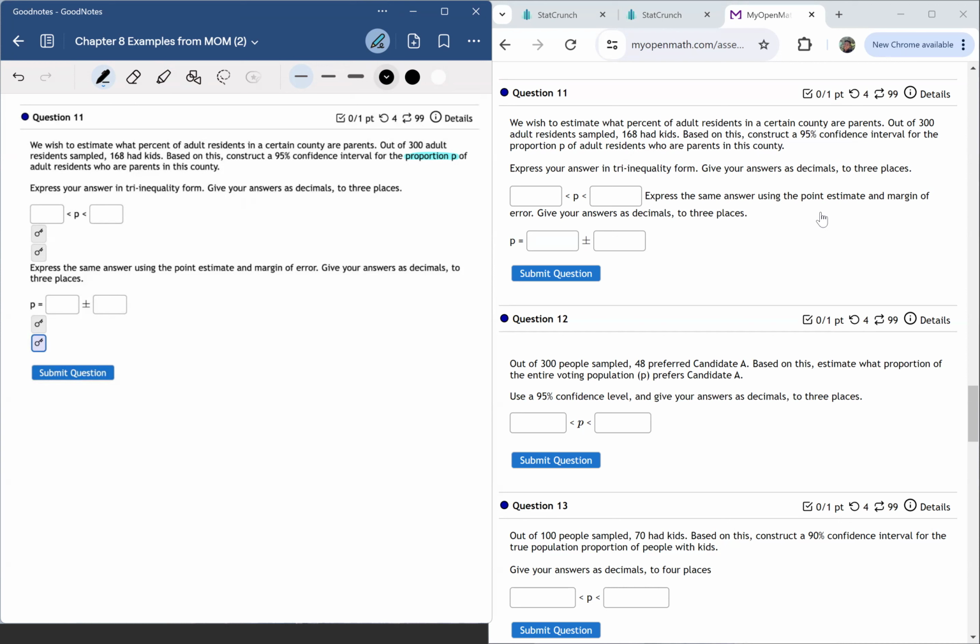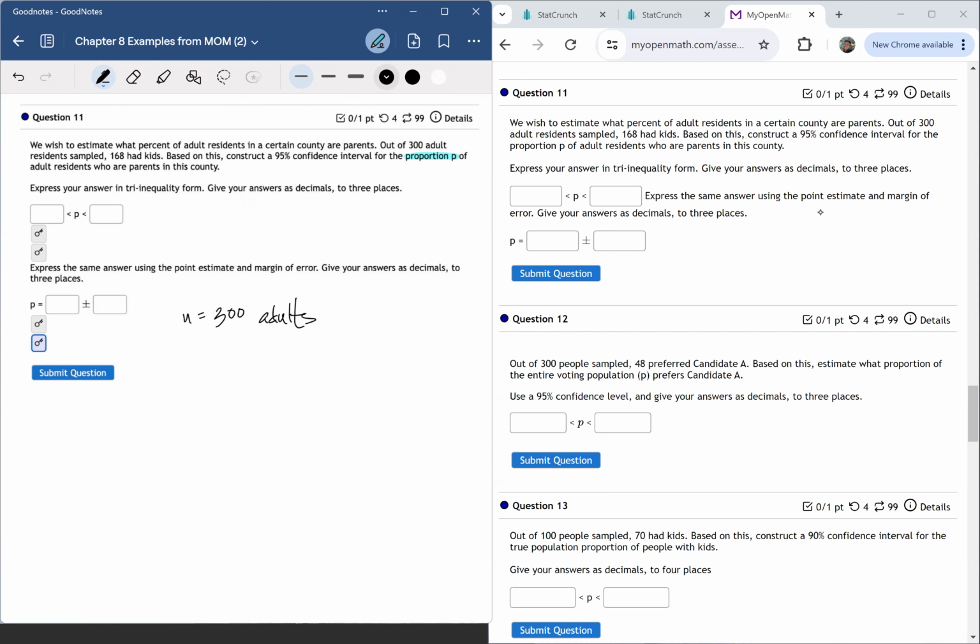Now that phrase should sound familiar because way back in chapter 4, we talked about something called the binomial distribution. And in the binomial distribution, one of the things we had to look at to classify it as a binomial distribution is it had to be either success or failure. So in this case, we're looking at a sample size n equals 300 adults.